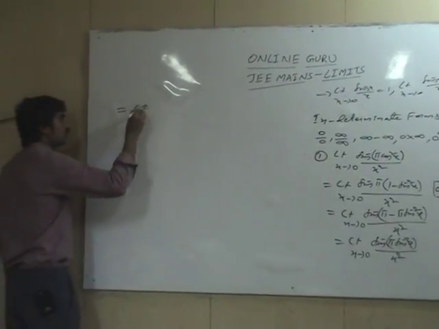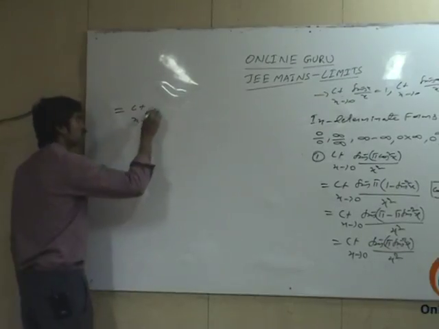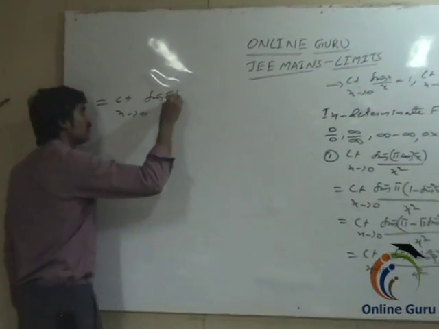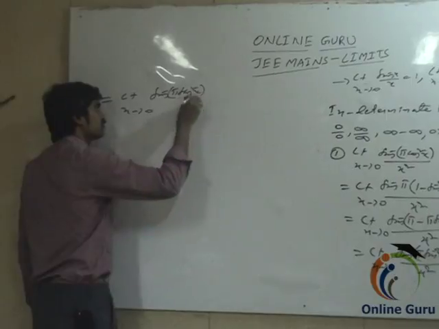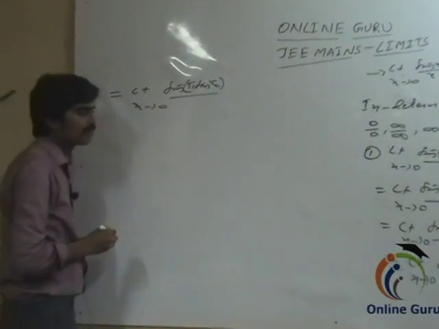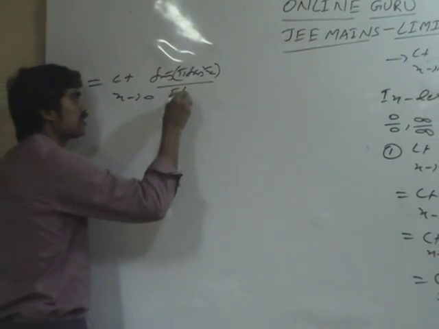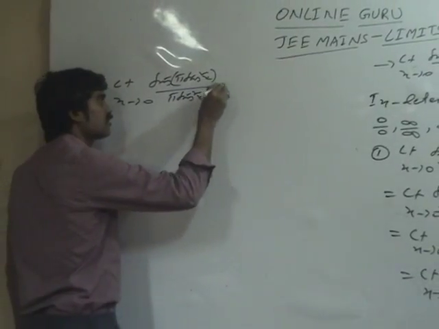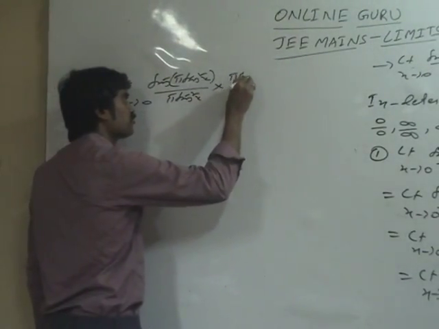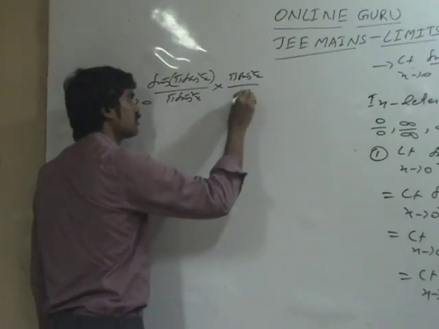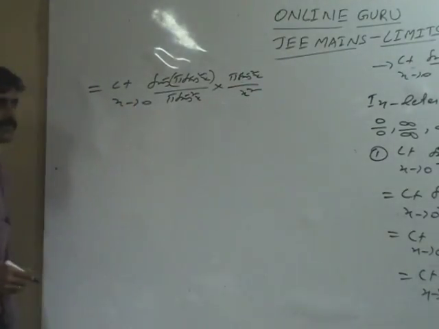This equals limit x tends to 0 sin pi sin square x divided by, here write pi sin square x, here multiply with pi sin square x, by x square.